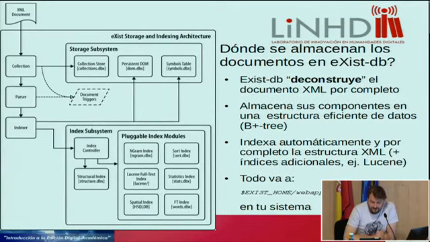And this is a little excursus, just to make sure that you're not looking for something you will not find on your hard disk, because eXist is not storing an XML document. If you upload an XML document into eXist, it deconstructs the whole document into the single components.